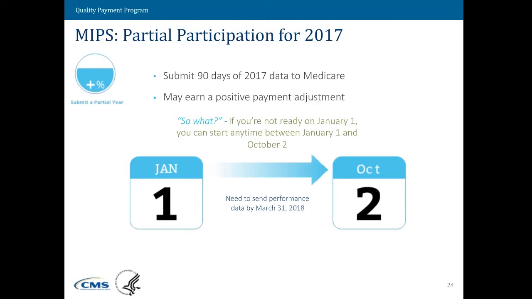And under this option, since you'd be participating a little bit more fully, your adjustment, so your payment, would be a little bit higher. One piece to note is that if you are looking to just participate for a 90-day period, the last full 90-day period begins on October 2nd of this year. So keep that date in mind if you want to report for a 90-day period.